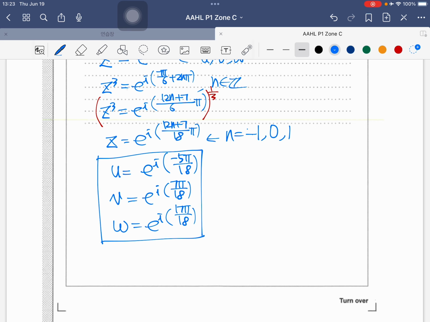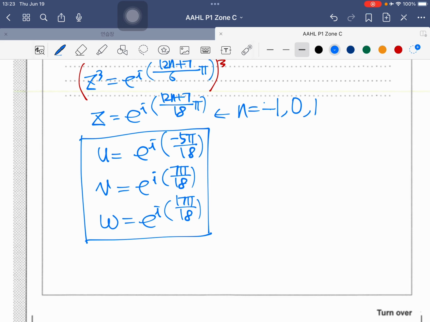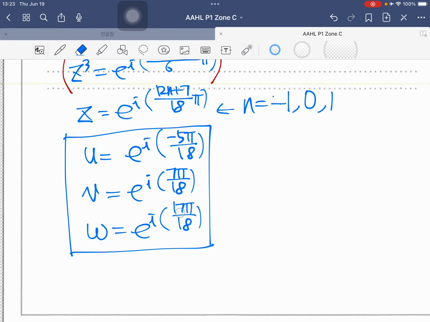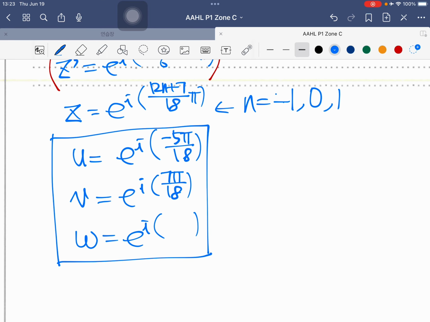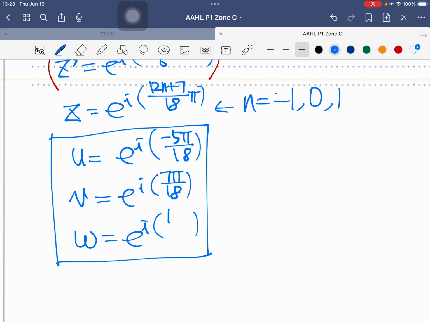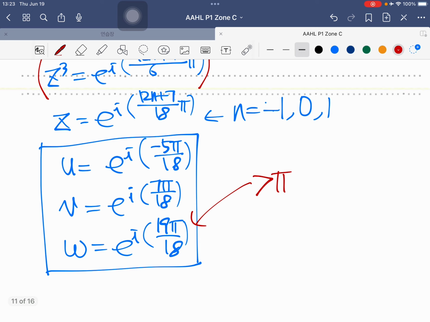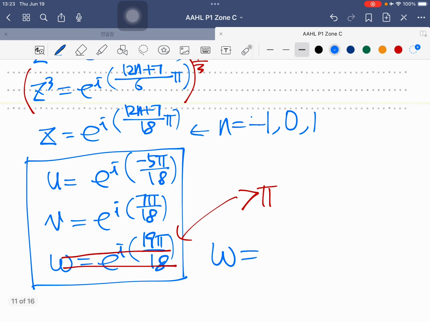Is this correct? No, putting 1 is actually not this number. Putting 1 over there is 12 plus 7, which is 19 pi over 18. Because 19 pi over 18 is greater than pi, W is not expressed like that. You can express W by putting negative 2 there. So negative 2, minus 1, 0, 1.